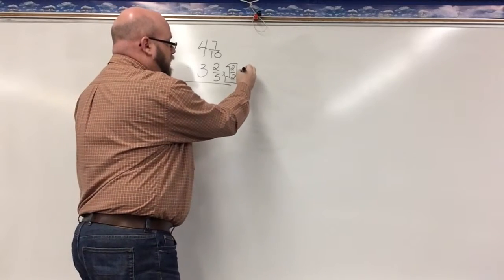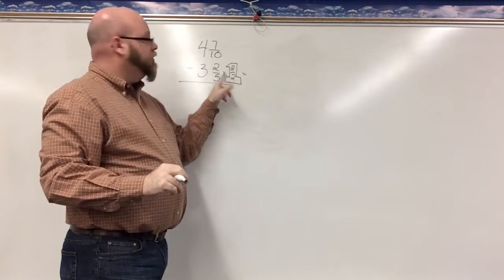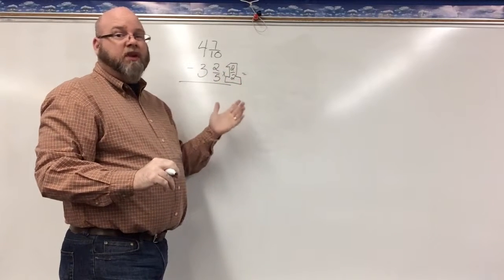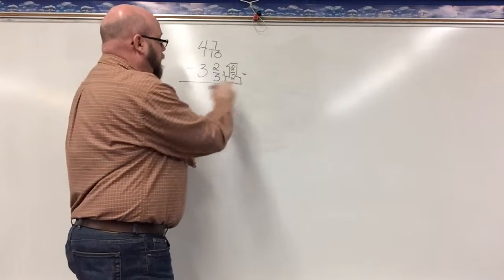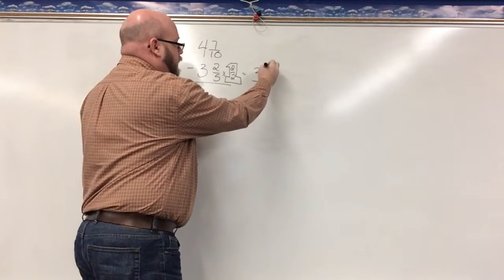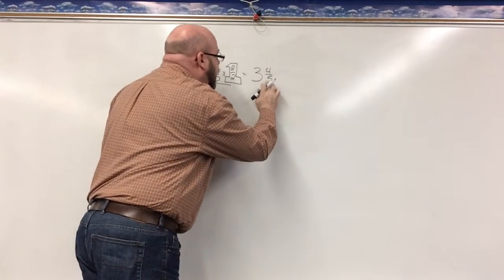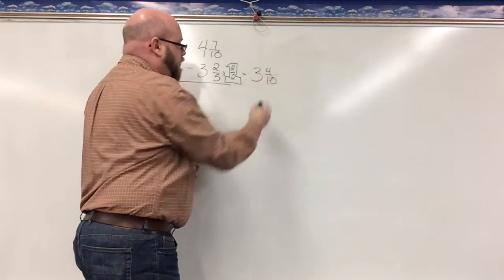So I want to get that new denominator of 10. Whatever I multiply the bottom by, I have to multiply the top by. That's why it's a fraction equal to 1, so it doesn't change the value, just changes the name. So I'm going to get 3 and 4/5. Oh, I'm sorry. Not 3 and 4/5, 3 and 4/10.